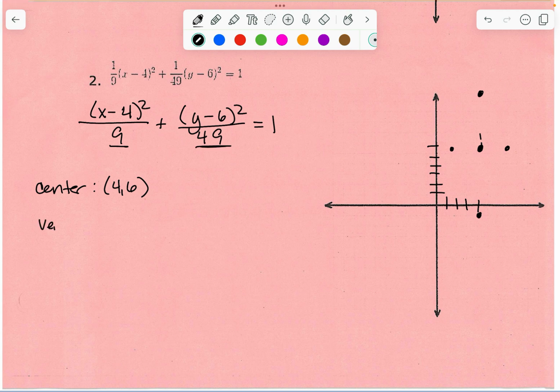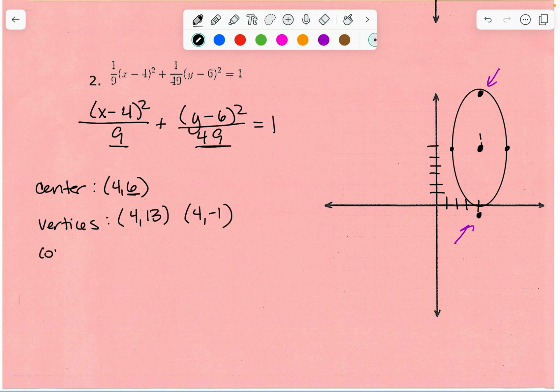All right, my vertices are these, those are the furthest away from the center. So to go up 7 and down 7, adding and subtracting from that 6.